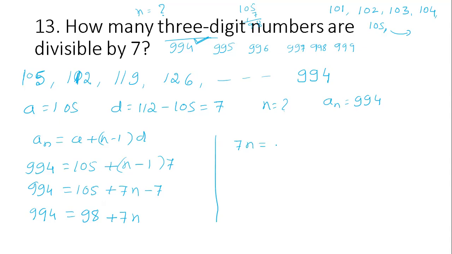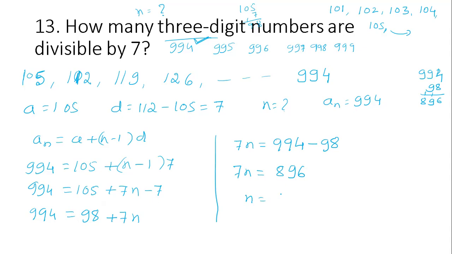7N is equal to 994 minus 98. This is 6, carry 1, 19 minus 10 is 9, carry 1, 896. 7N is equal to 896.